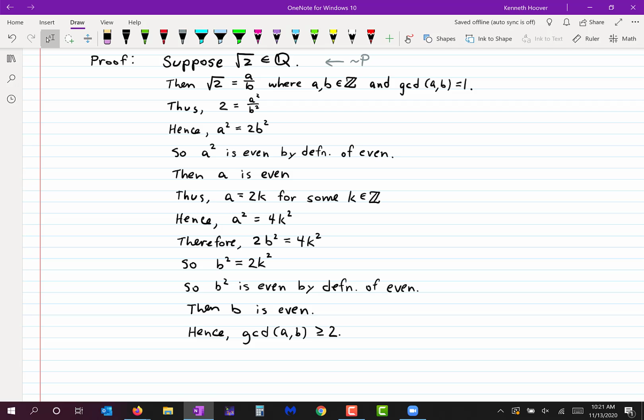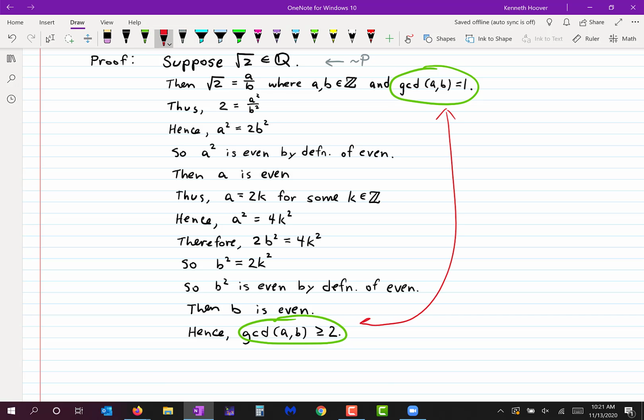But that contradicts the greatest common divisor of a and b equals 1. There's our contradiction. These two things cannot both be true. So I write it like this.